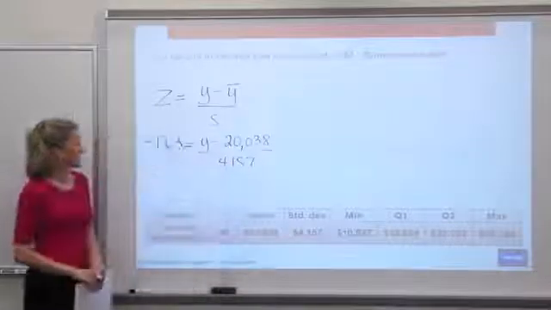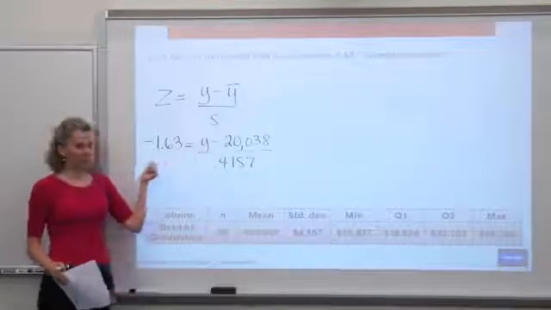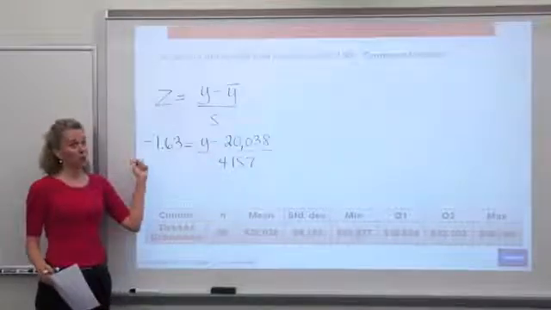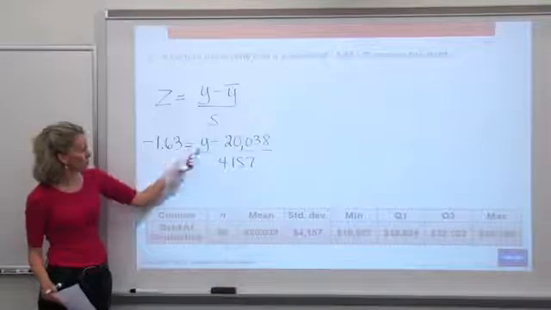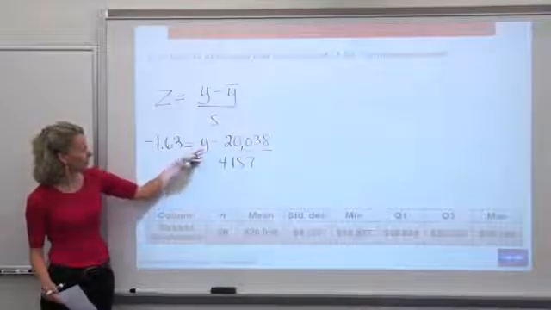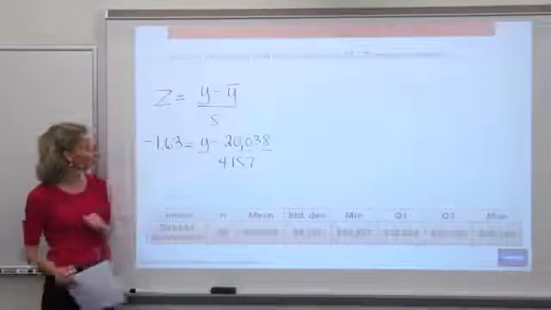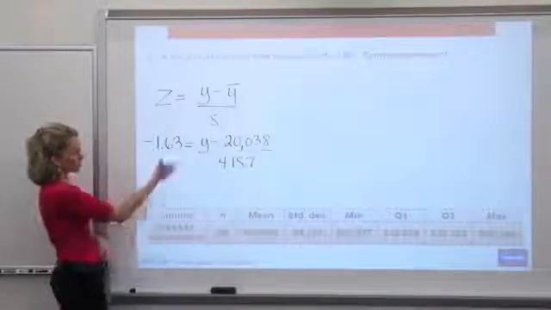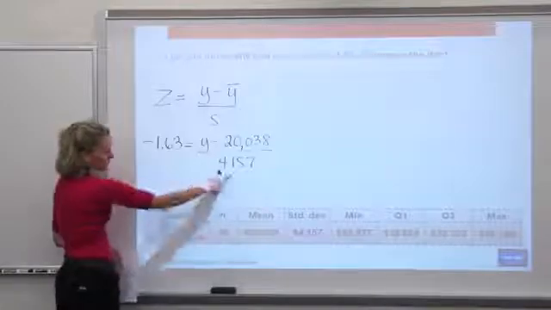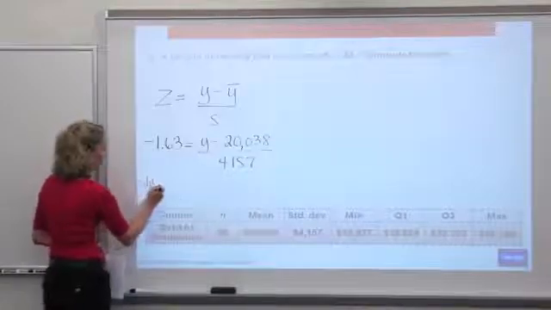$4,157. And when I look at this, in the context of this problem, this is probably a good thing that this Z-score is negative, because I know that wherever this school is, the actual debt here has to be below the mean. Okay, so now it's just a matter of using some algebra. I'll multiply both sides by the 4,157.